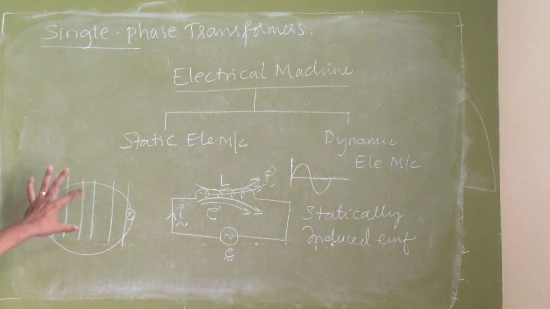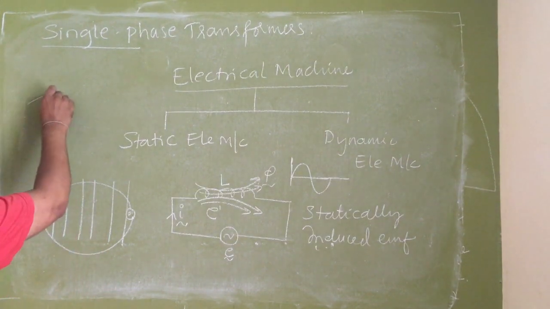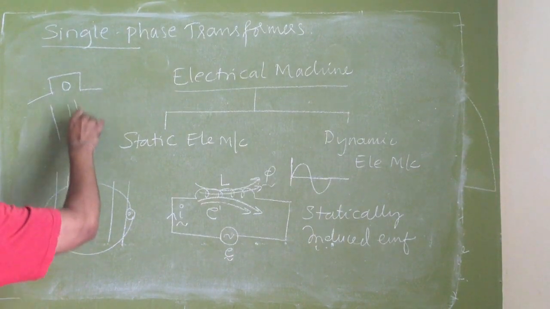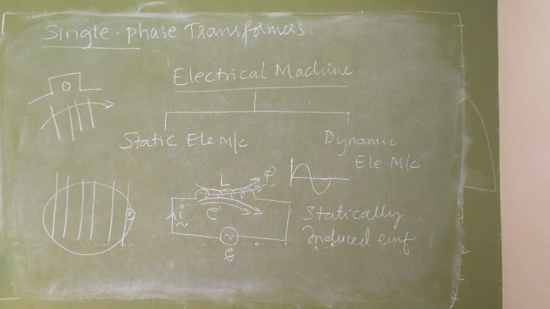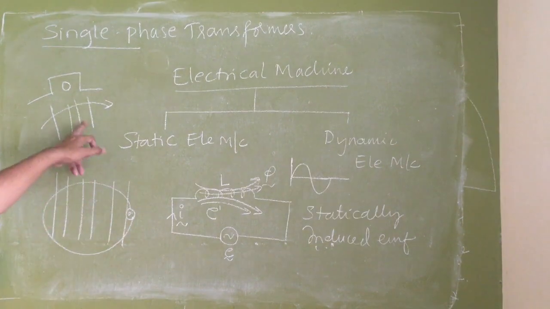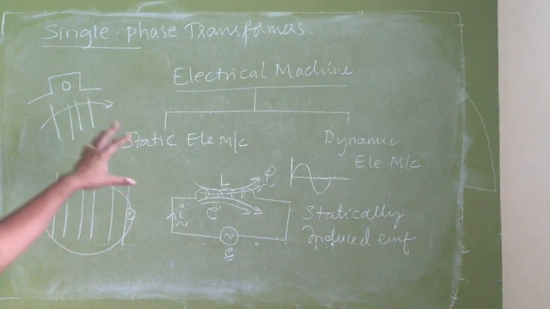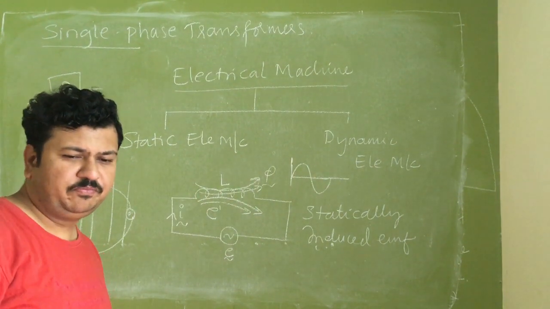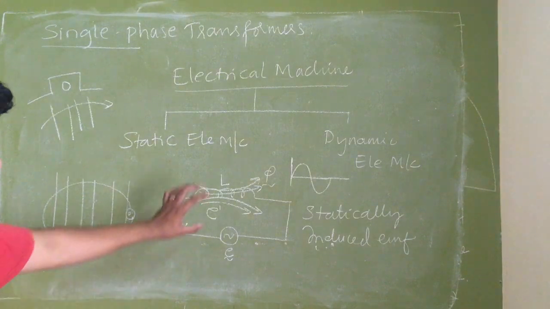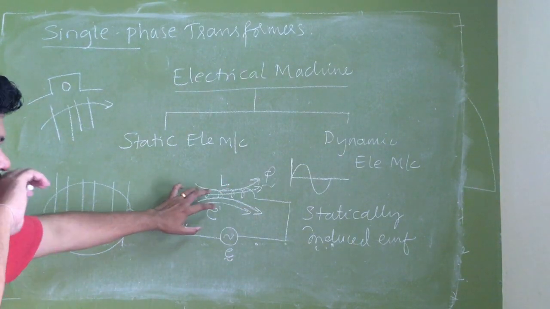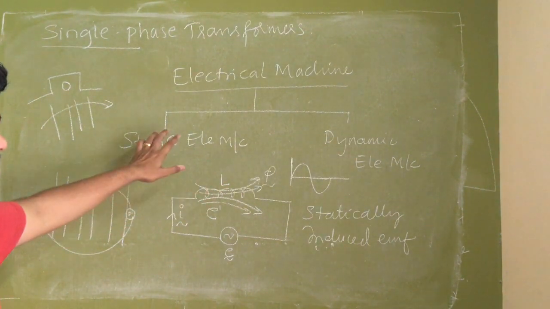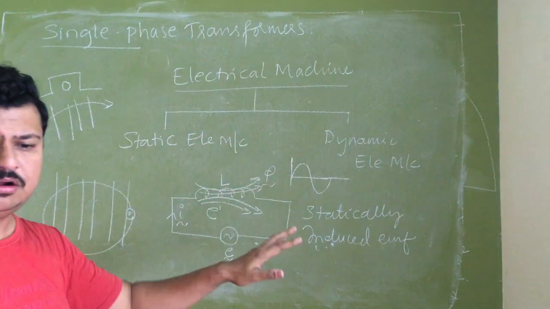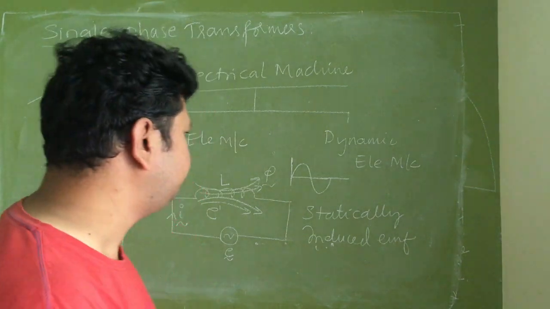The other case is where I keep the conductor stationary, like I did in three phase, and make the magnetic field rotate. This also has a dynamic nature because the magnetic field is physically rotating. So these two are called dynamically induced EMF, and this is called statically induced EMF. The machine that operates with statically induced EMF is called a static electrical machine. The machines that operate with the dynamic principle are called dynamic electrical machines.